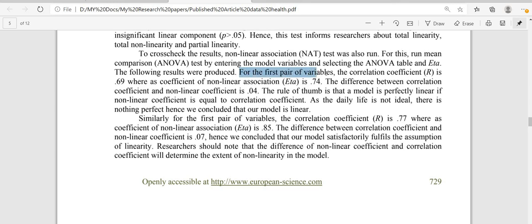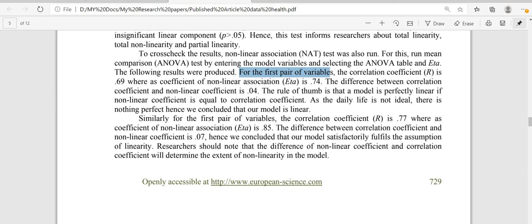So for the first pair of variables, the correlation coefficient R is whatever we will conclude. Eta is in fact a non-linear association coefficient. The rule of thumb is that the difference between the correlation coefficient and the non-linear coefficient determines whether the regression model fulfills the assumption of linearity or not.